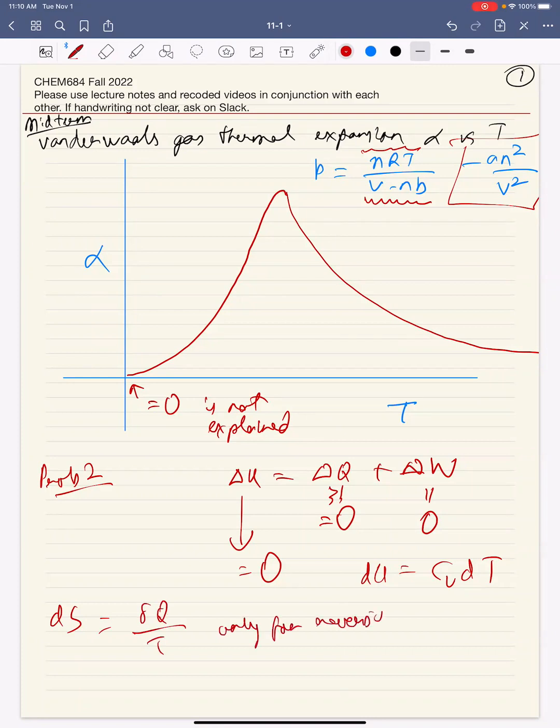So it is a process where dQ is equal to 0. That does not mean dS is equal to 0, right? I will post solutions, so don't worry. It will probably be a collection of screenshots from people who got it right. I will take permission before taking your screenshots and remove your name. I will post solutions to the midterm.